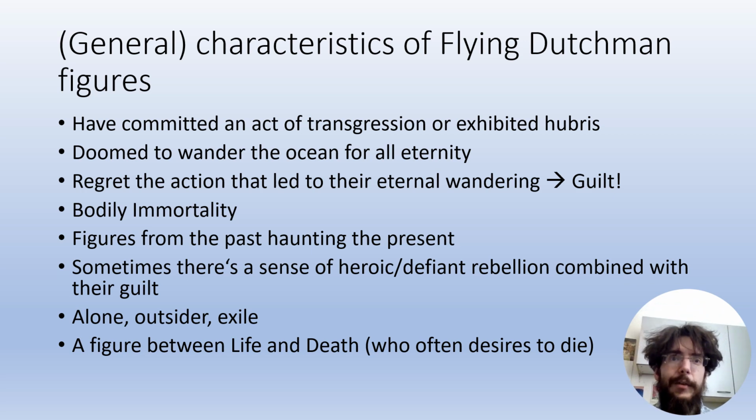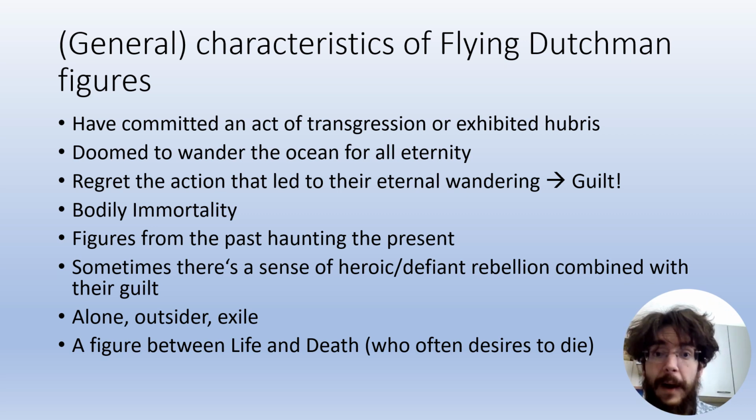So here's just a list of some general characteristics of the Flying Dutchman. He has committed an act of transgression or exhibited hubris. He's doomed to wander the ocean for all eternity. He regrets the action that leads to his eternal wandering, which is associated with a feeling of guilt. He exhibits a kind of bodily immortality, as opposed to the kind of non-bodily immortality that we see in ghosts most of the time.